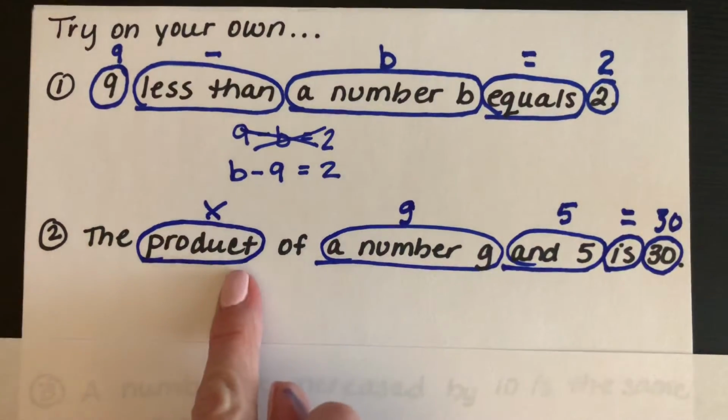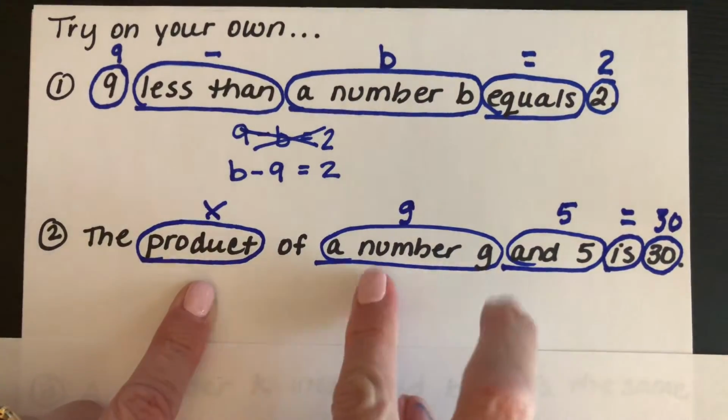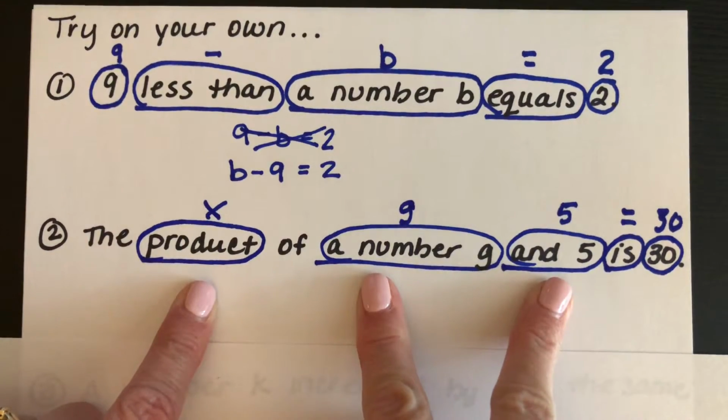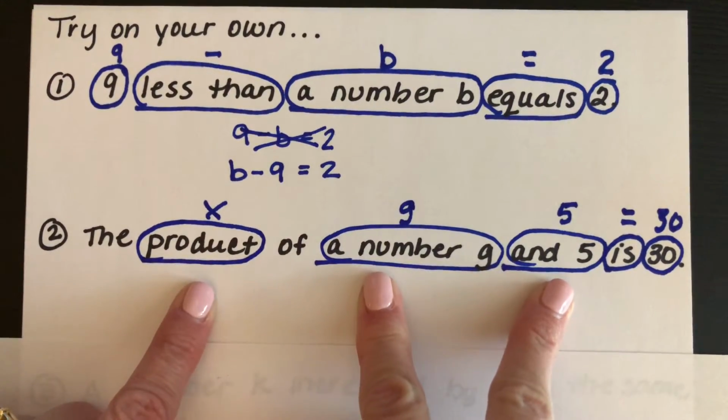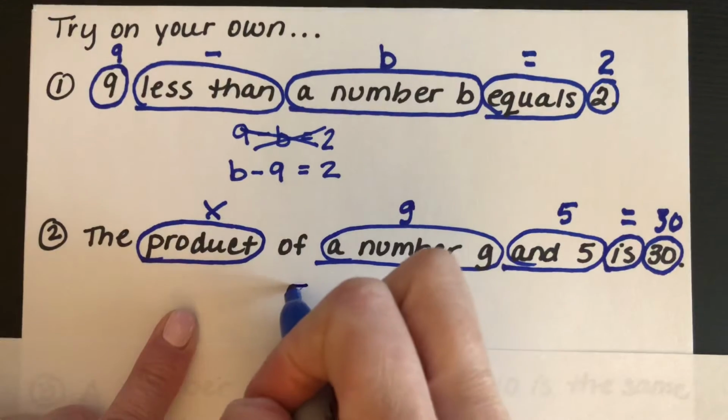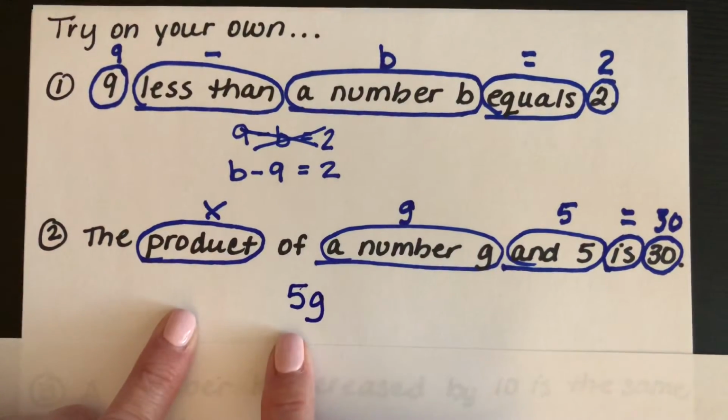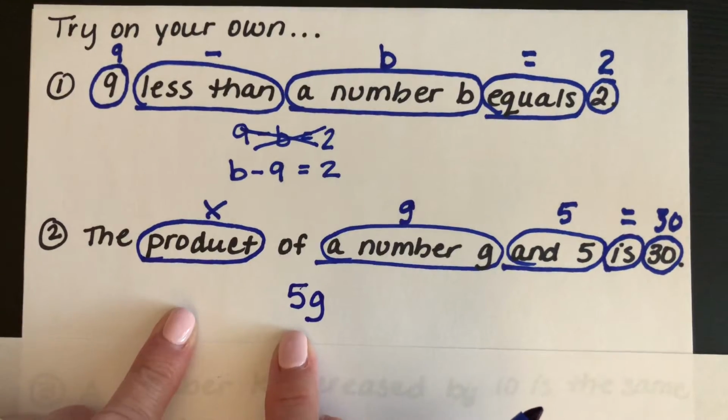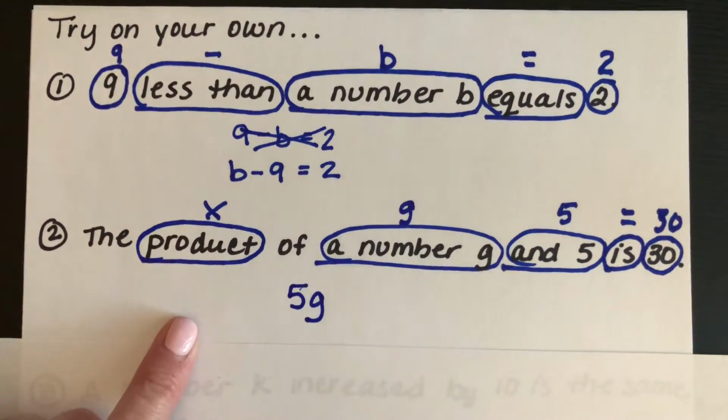So we know that the product means to multiply, and we have the 5 and the g, so we know it's a multiplication problem. So we're going to write 5g, because the coefficient always comes first. Even if you had 2 times 1 is 2, or 1 times 2 is 2, if you flipped it around, it would still work.